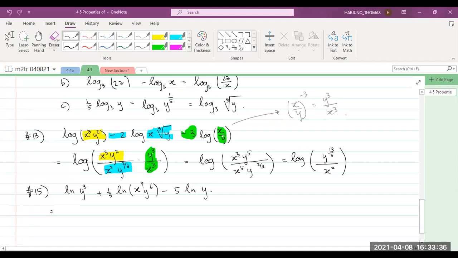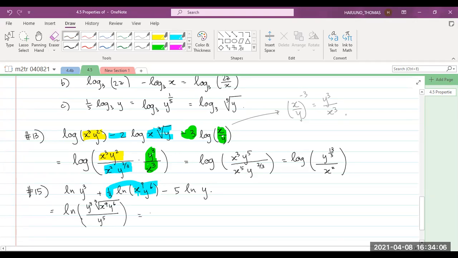Let me start working on this. This is natural log of y cubed, and then the cube root of x to the 9th y to the 6th over y to the 5th. If you want to simplify this first, go ahead, which honestly I will do.